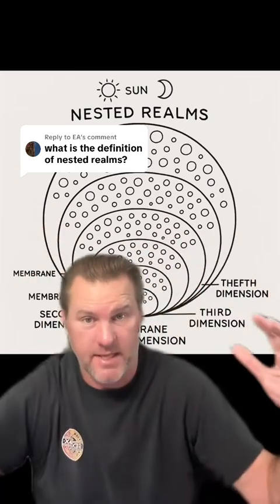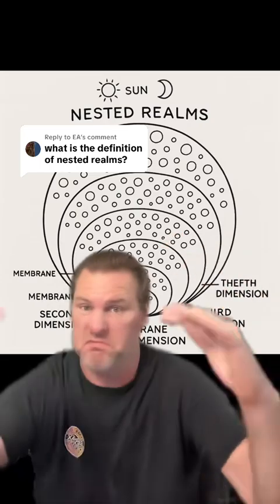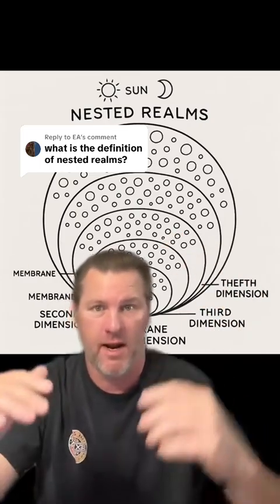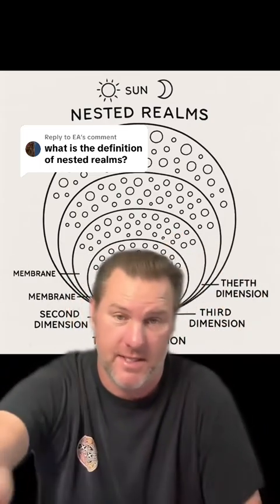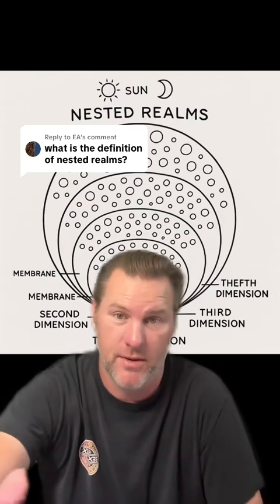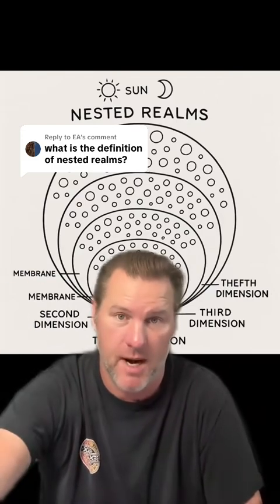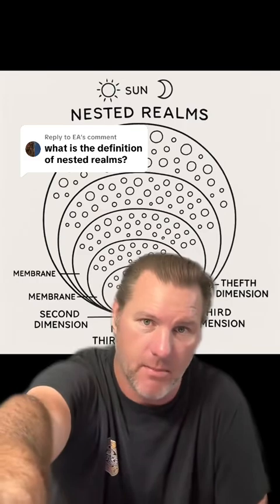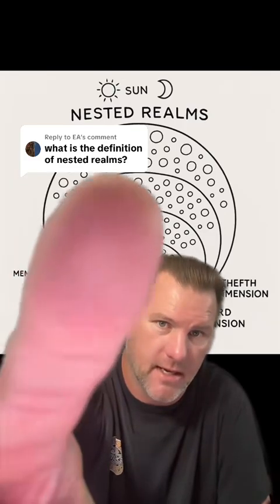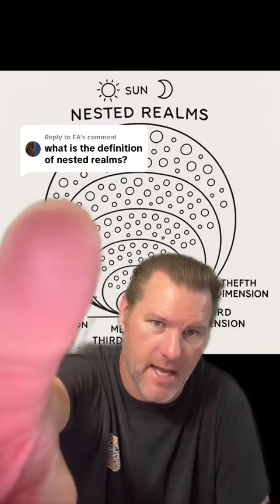Everything is inside these different membranes, and they go on forever, all right? This is the most simplified version I could do, but it is extremely way more complicated than this. All these little bubbles inside each of these realms are different realities in that dimension.